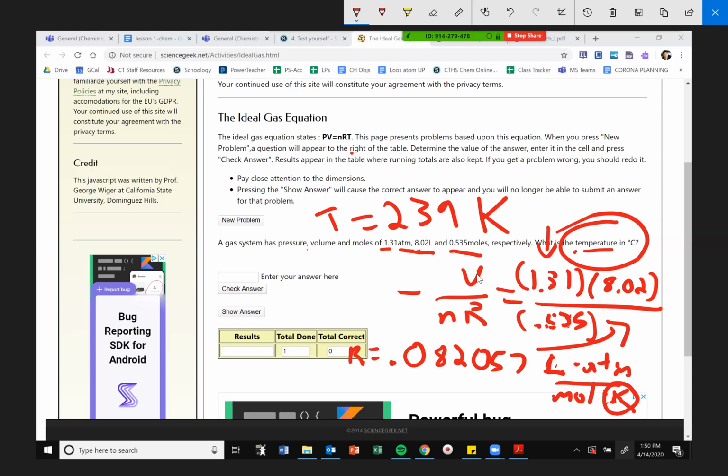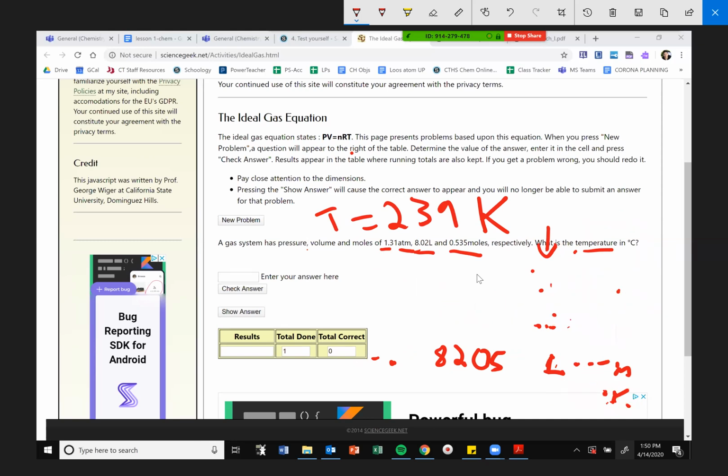But they want my temperature in degrees Celsius. Well, for that, we just need to remember the conversion for Kelvin to Celsius. And don't forget that Kelvin is an absolute temperature scale, and basically it is to accommodate for what's known as absolute zero.